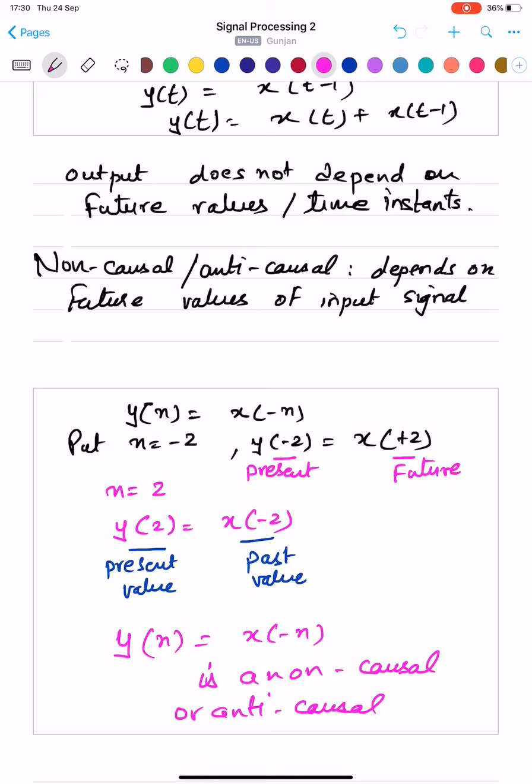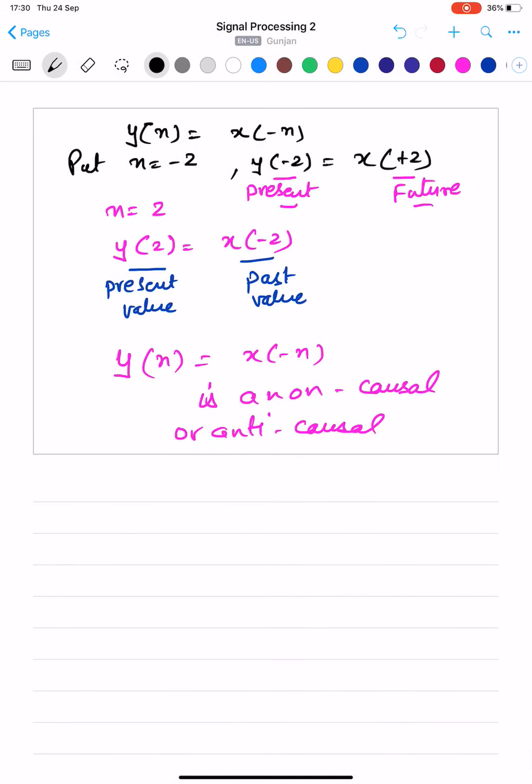The reason is that when it's on the negative side, the present depends upon future. So these are the main properties of a system. There are some more properties with respect to stability.